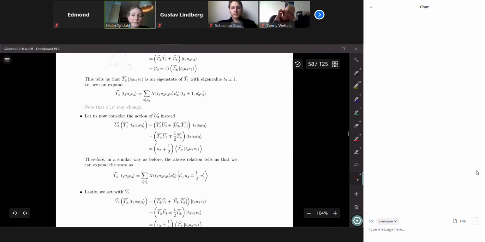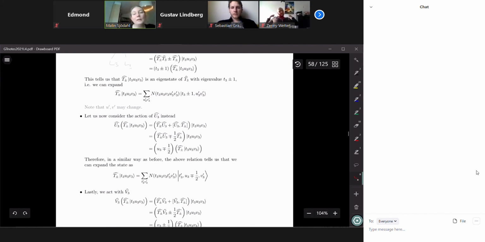Now we are in a position to pull, so this U3 gives us an eigenvalue U3, and after that we are in the position to pull this T plus minus to the other side, so it ends up here. So it's already standing alone, just multiplying a constant, which ends up here.